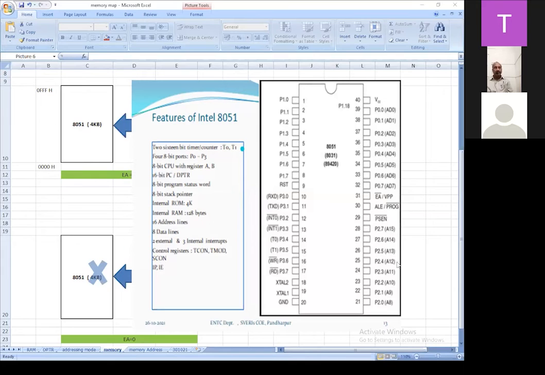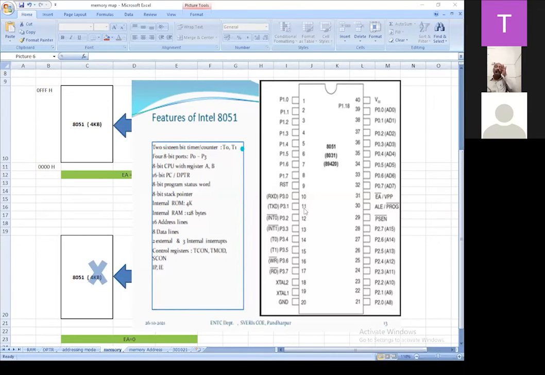And the fourth one is the P3 port. P3 has 8 pins, but every pin has a different, additional function. P3.0, that is pin number 10, is RxD, which is nothing but reception.